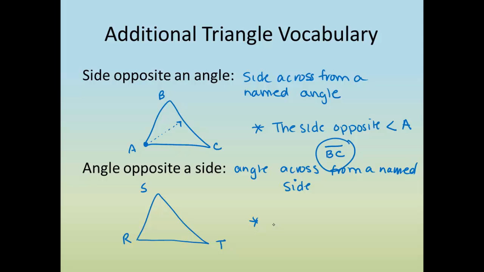And I will ask the angle opposite side SR. So we will identify side SR and we will look at the angle across. That would be the opposite angle, and that would be angle T.